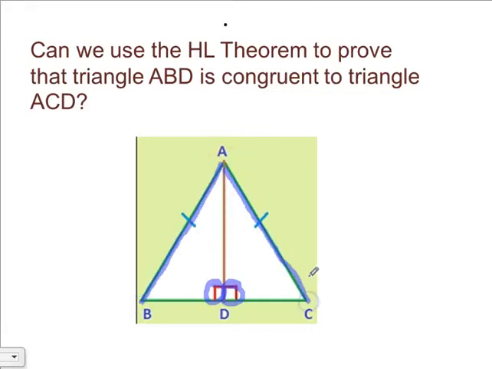And then are we shown that another leg is congruent? We are. Remember, if you have a shared leg, like this leg right here, it's shared in both of the triangles, we can just assume that that leg is congruent because it's the same leg. So those are congruent. So yes, we can use the HL here, hypotenuse leg.